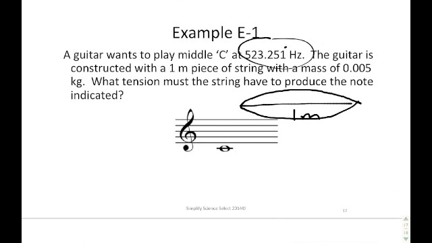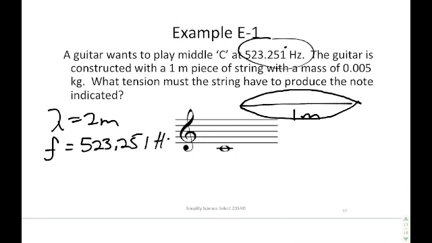So the wavelength would actually be 2 meters. And once you have the wavelength as 2 meters and the frequency is 523.251 hertz, that gives you enough information to calculate the velocity using v equals lambda f. So you can go ahead and do that.